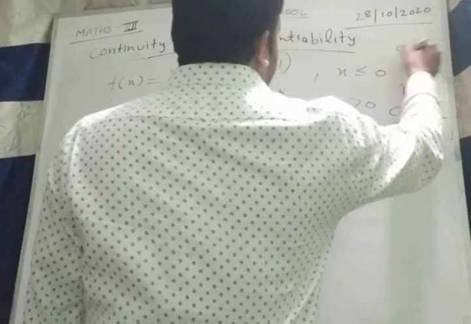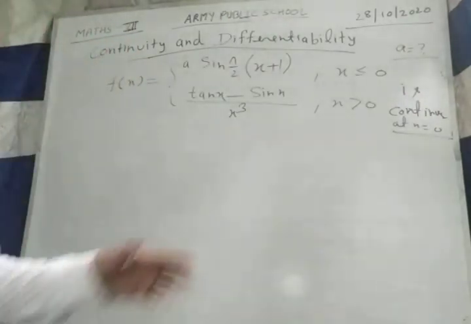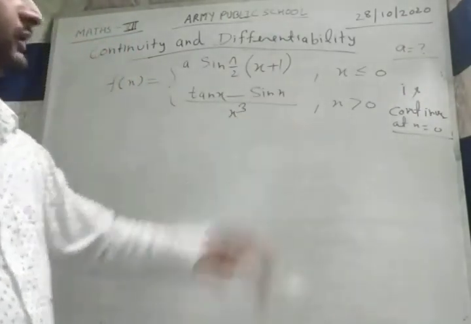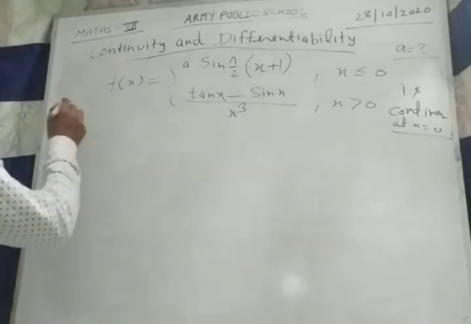Then find a. This is our question, that this function is continuous at x is equal to 0, then we have to find the value of a.